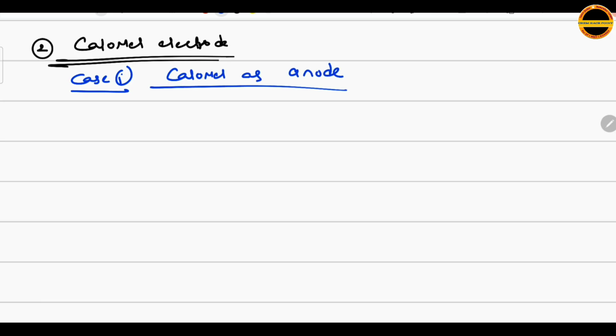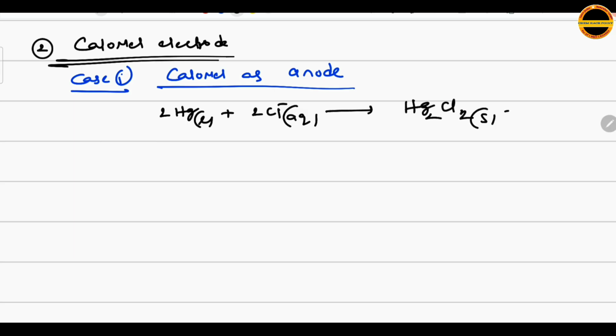Here also 3 components are present. As the anode reaction, observe it: mercury in liquid state plus 2Cl minus aqueous gives Hg2Cl2, the common name of which is calomel, solid, plus 2 electrons. If you write the Q value for this, solids and liquids will not be written, so Q is 1 by Cl minus whole squared.